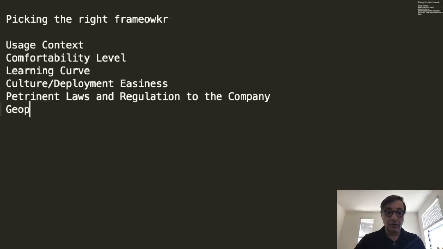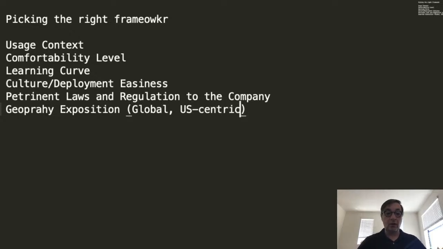And the geography exposition, again, for global or US centric and so on. Okay, I hope this can help you to pick your own, right?